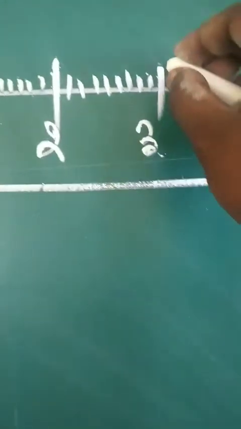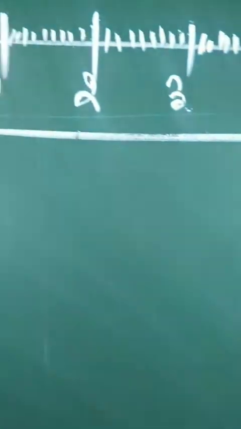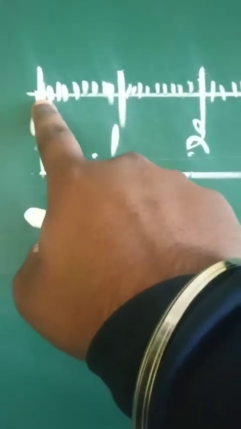Then again 10 lines, the 10th is 4. So this is 0, 1, 2, 3, 4. Over here, this is 0. So we should always start measuring from 0. Measurement will always start from 0 and it will go on extending. So this is how we have to measure, children. 0, 1, 2, 3, 4, like this.